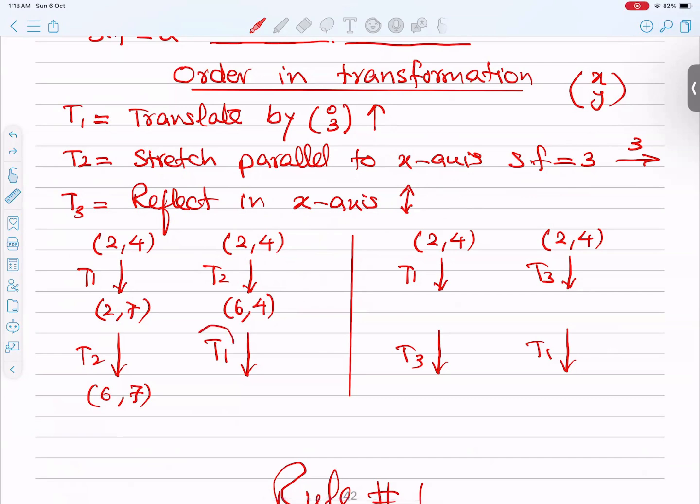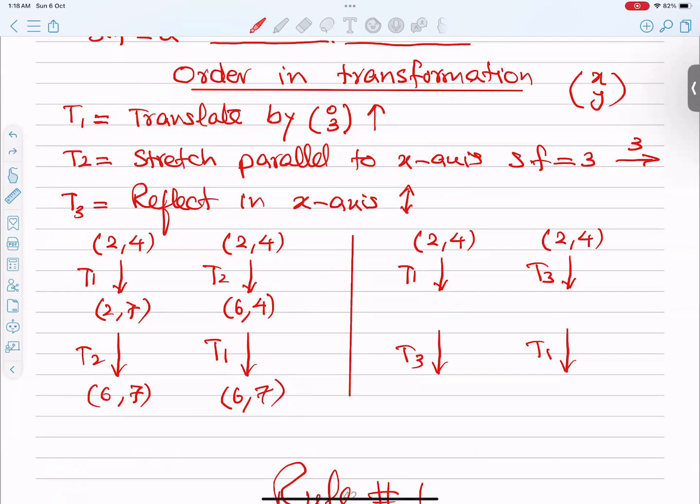Now, if I want to do, for example, T1, T1 is a translation (0, 3). So it means we are going down, okay? Sorry, we're going up, okay? What is happening then? So this is coming 6, and in 4 add 3, we got 7. You see, they are the same.